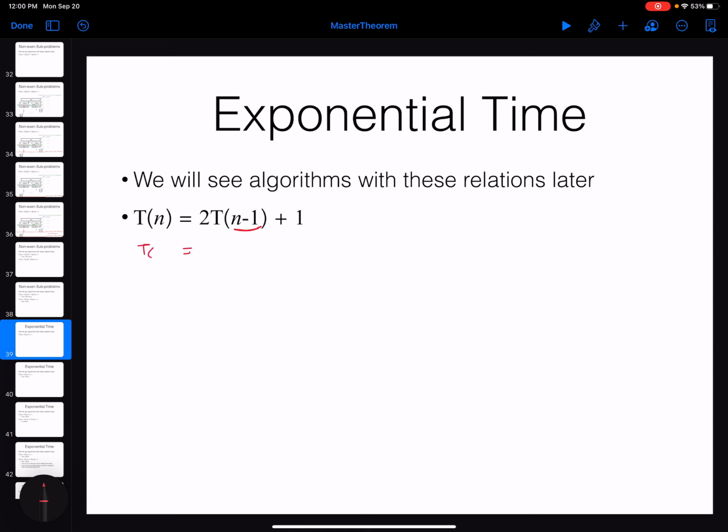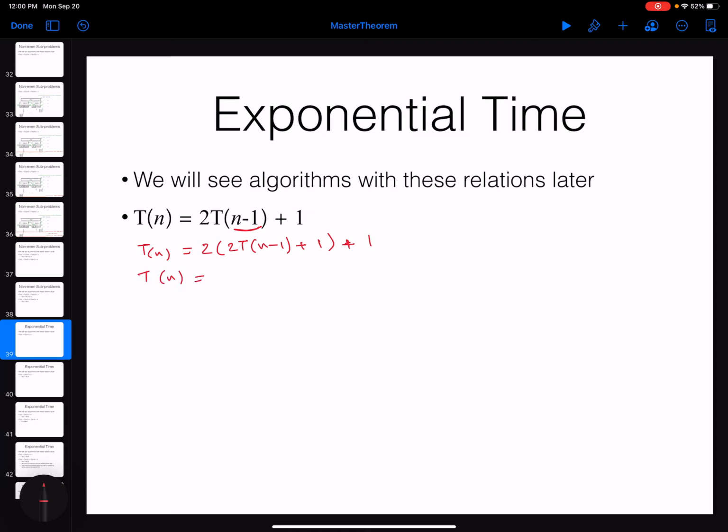if I keep substituting this term, it becomes T of n minus 1 plus 1 plus 1.